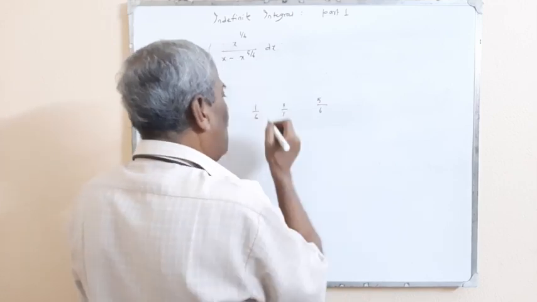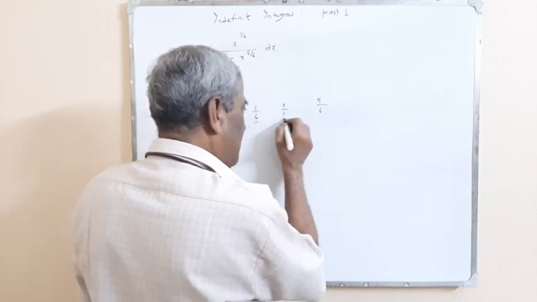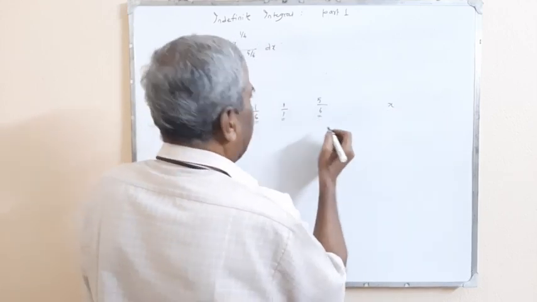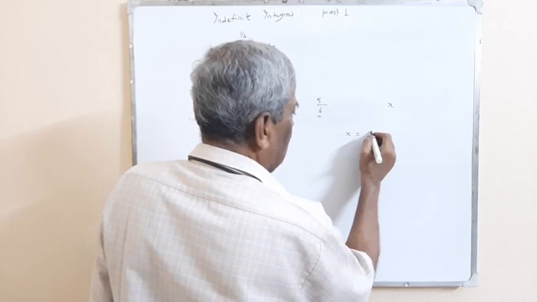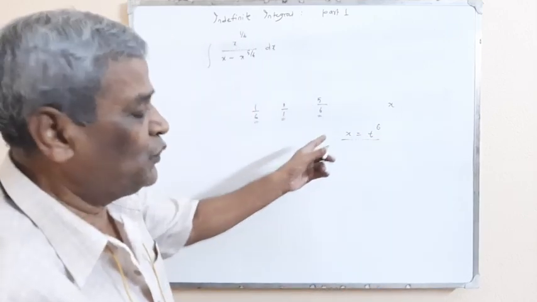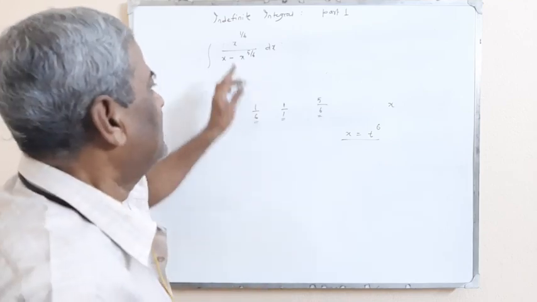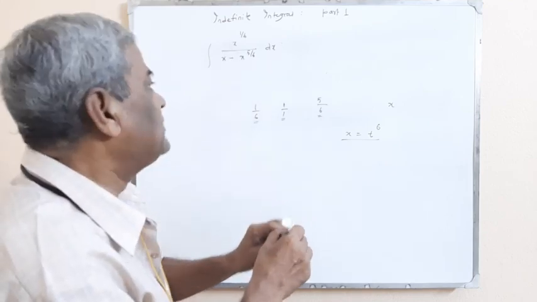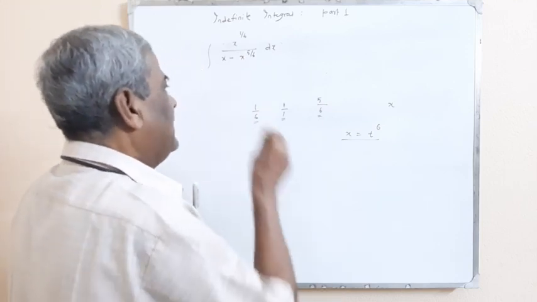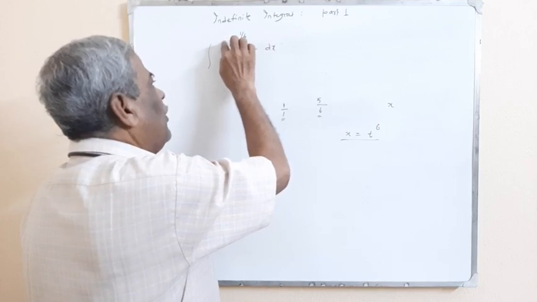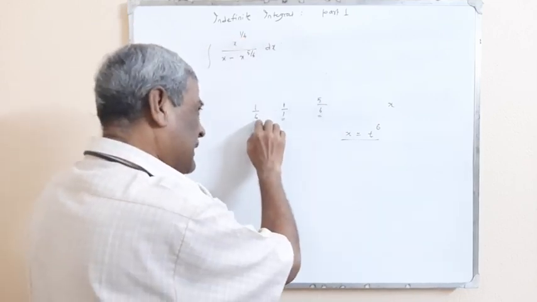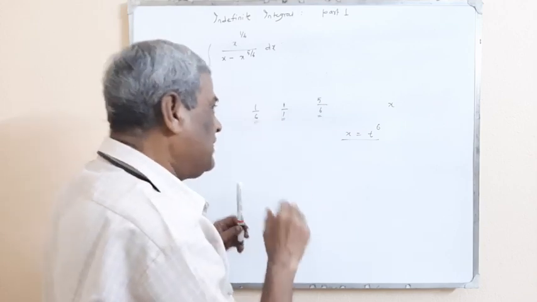All powers are fractions of that type. The LCM of the denominators is 6. So if we take x equal to t to the power 6, then very easily we can calculate that. That is one of the tips. If the functions are algebraic, in the numerator and denominator, and all powers of x are of the type p by q, then take the LCM of the denominators.